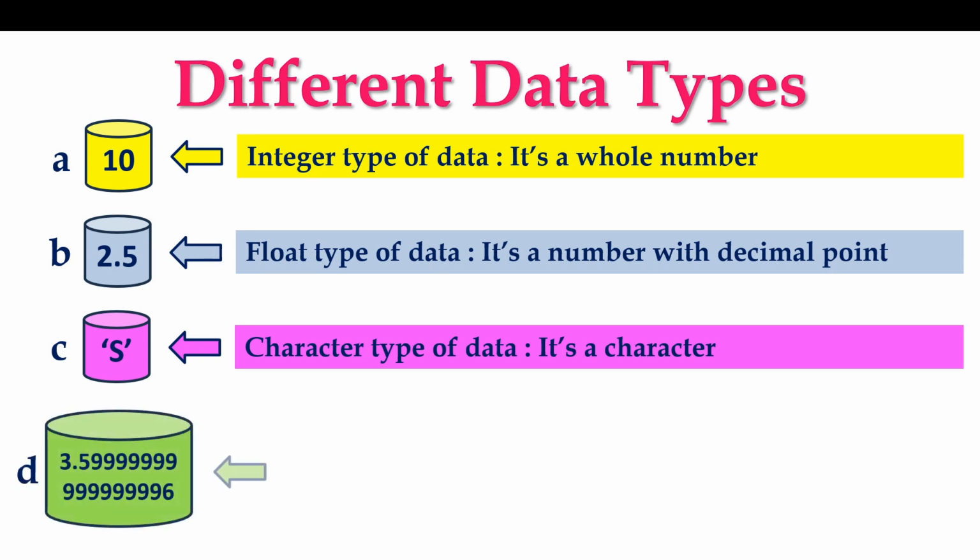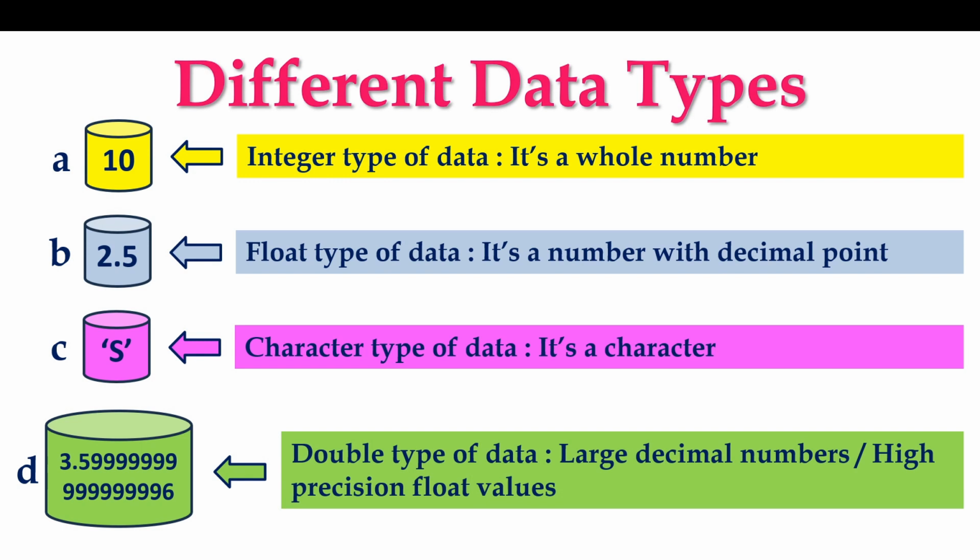And the next type is double type of data, which means it is used to store large decimal numbers or high precision float values. Means accuracy can be increased. This provides highest accuracy.